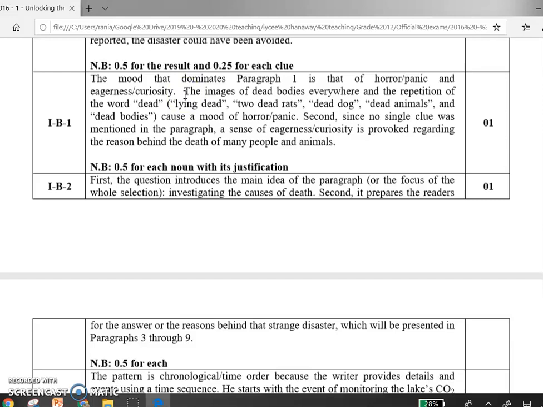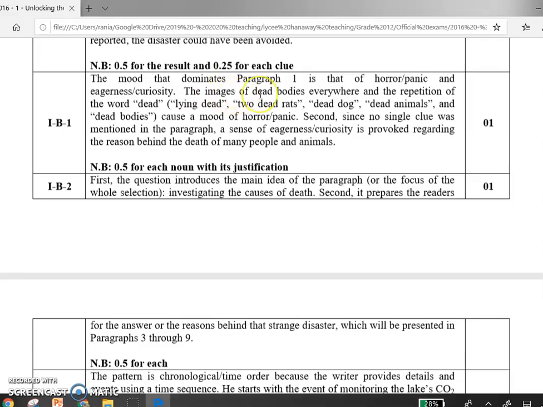So I give 2 and I have to justify both of them. Mainly, guys, the justification is so important, so never write an answer without justification. How do I justify? I use any description of the setting, words that are describing or showing the mood that I've chosen, and any images.